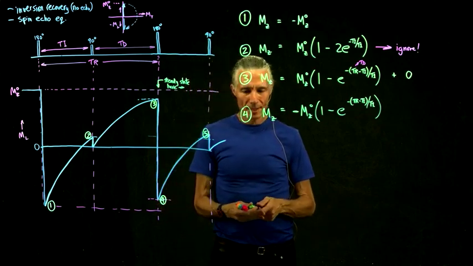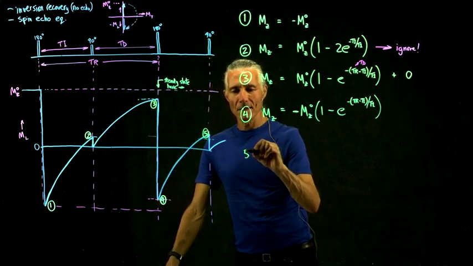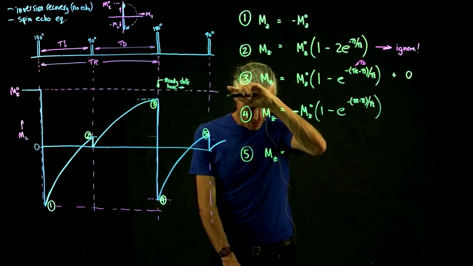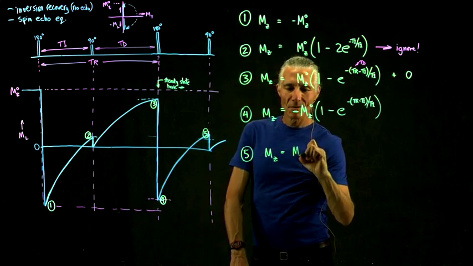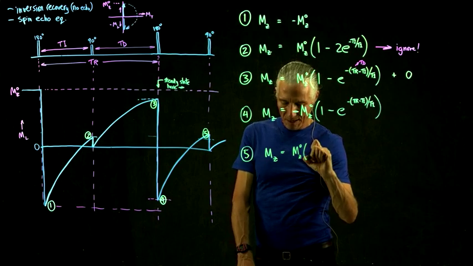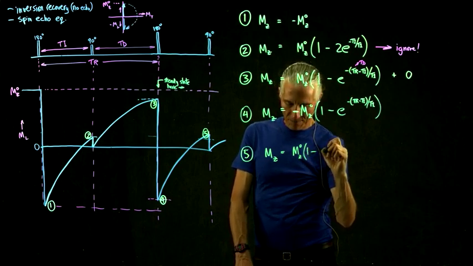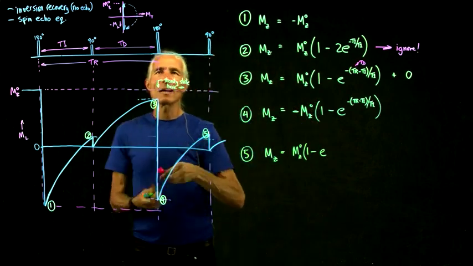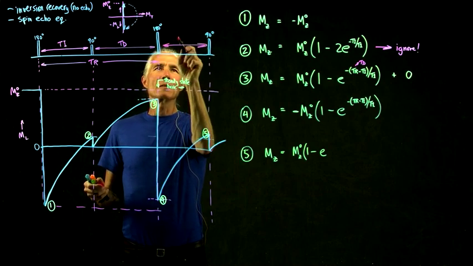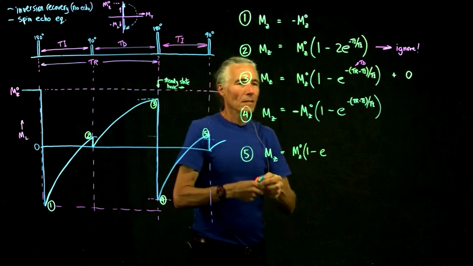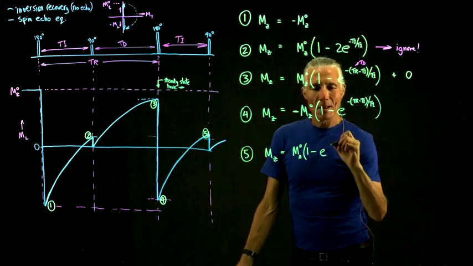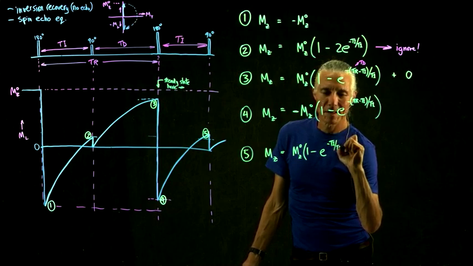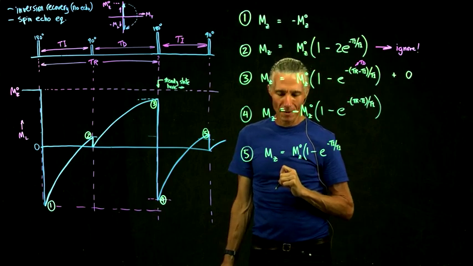So the first Bloch term is the regular one, where Mz is going to be the regular Mz0 times 1 minus e. And this time right here is the TI time. So this one is minus inversion time over the tissue property T1.